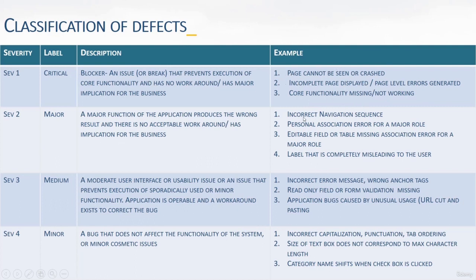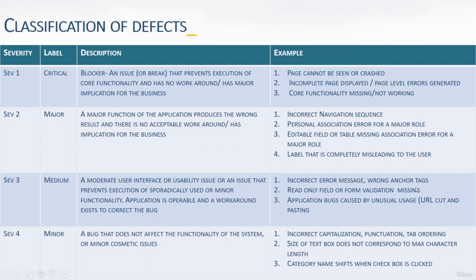And then major issues are those such as incorrect navigation sequence, personal association error for a major role, editable field or table missing, association error for a major role. A label that is completely misleading to the user is called a major type of issue.